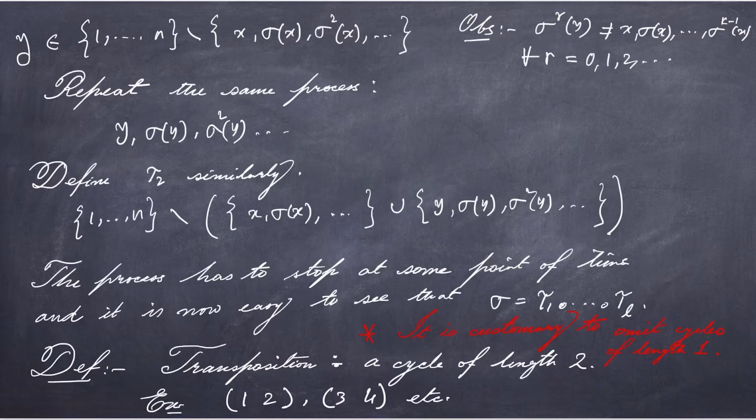So we will rather put our focus on the points which are being moved. Therefore, it's customary to omit the one cycles from the notation while writing a permutation as a product of disjoint cycles.